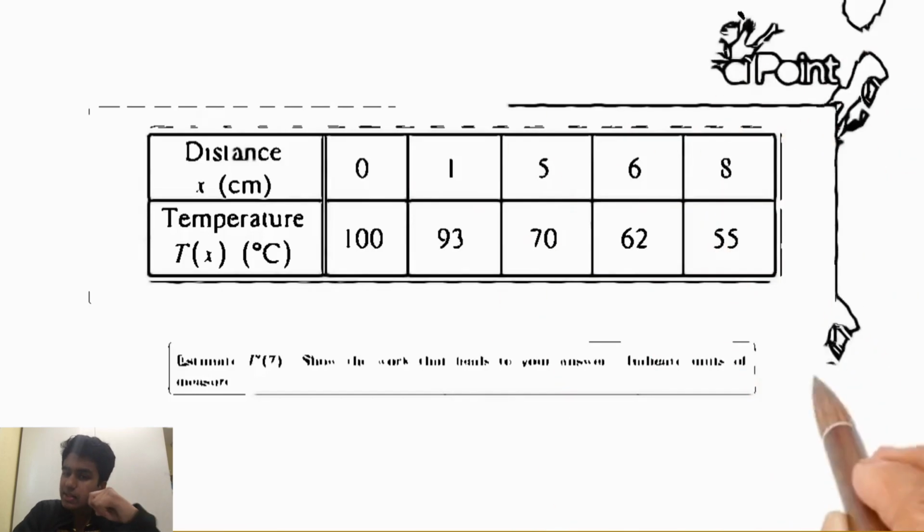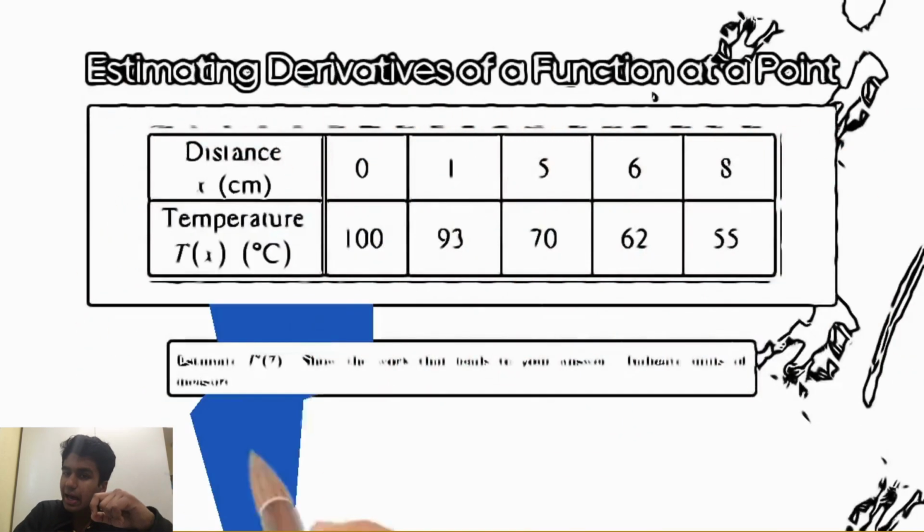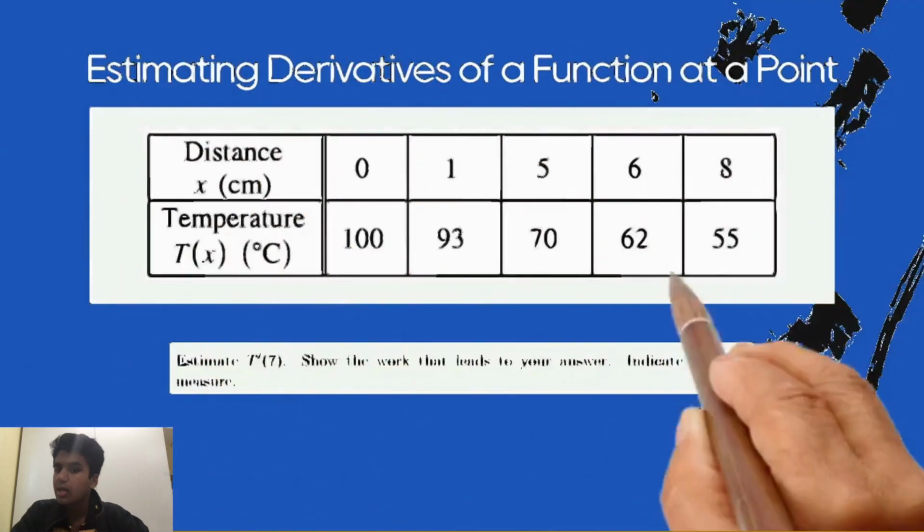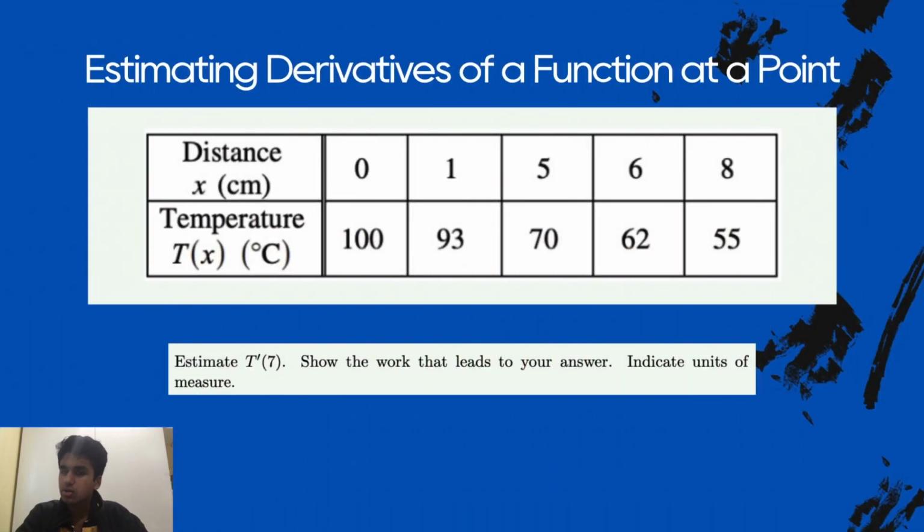Now, sometimes you'll be asked to estimate derivatives of a function at a specific point. You'll be given a table like this one, and this problem asks us to estimate t prime of 7, the rate at which the temperature changes when the distance is 7. To approximate it, we use the points close to 7, one to the left and one to the right.